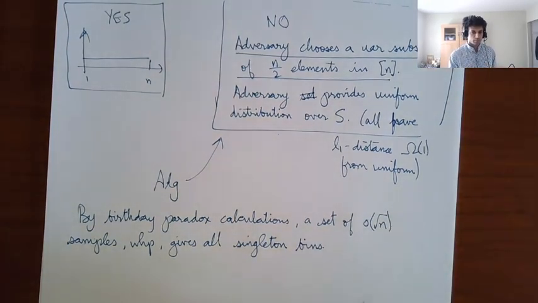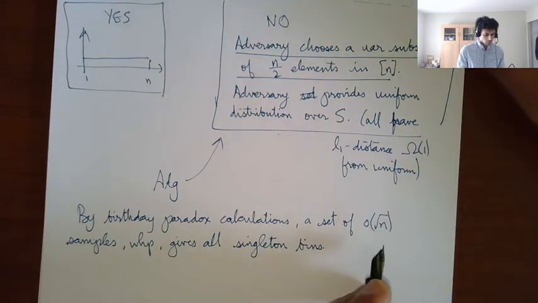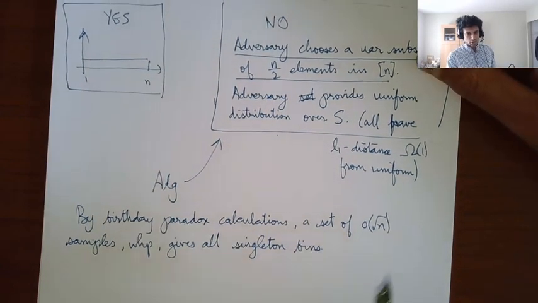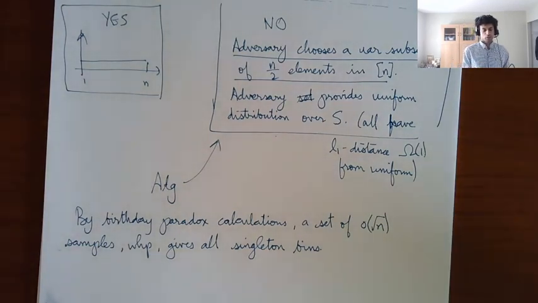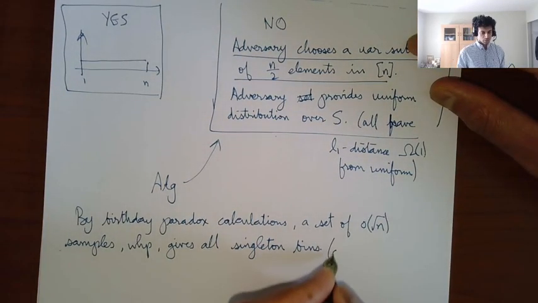So if you choose fewer than root n samples, in either case, all the samples are just going to be distinct.